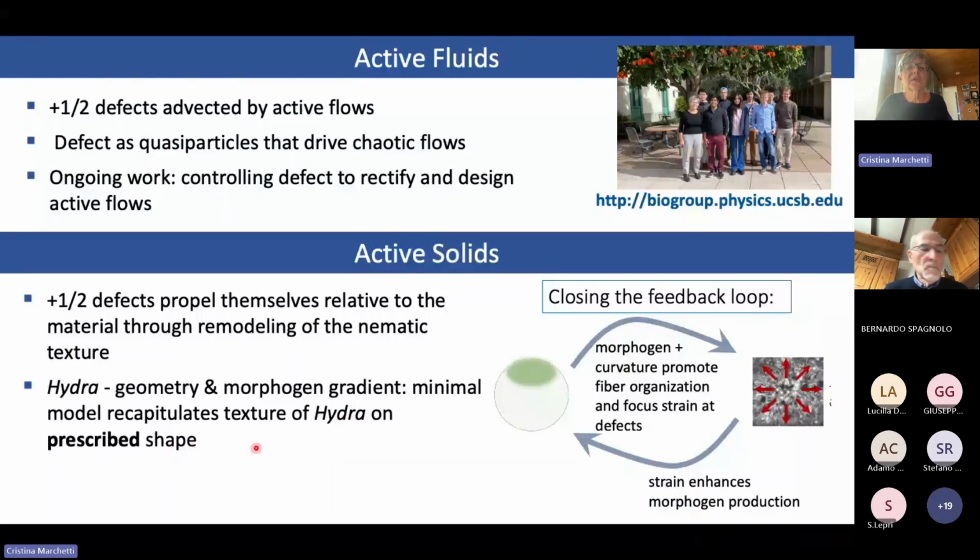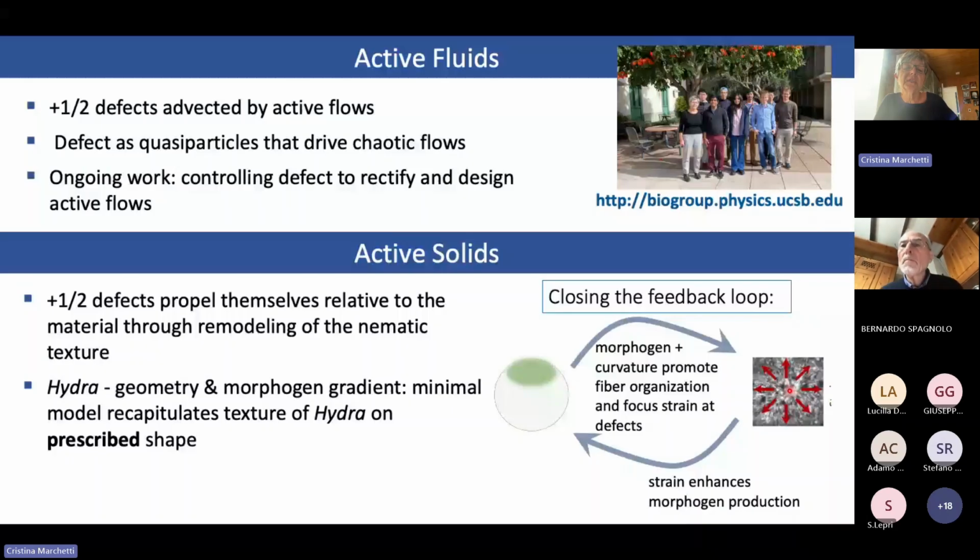Of course, what we really would like to do in the future is closing the feedback loop, in the sense that we need to add morphogen plus curvature, promote fiber organization, and actually focus strain and stresses at the location of the defects.